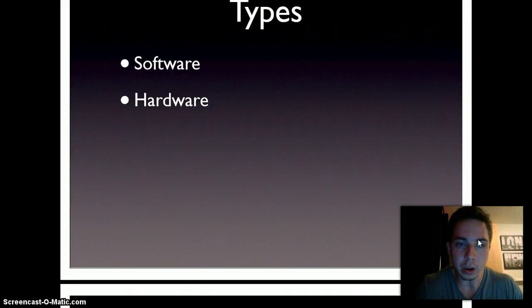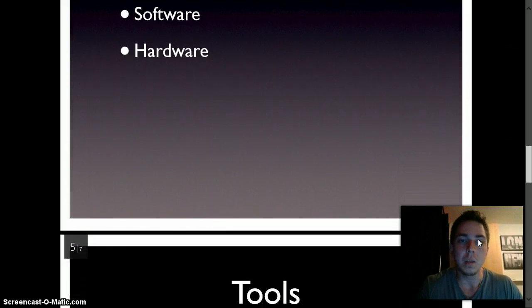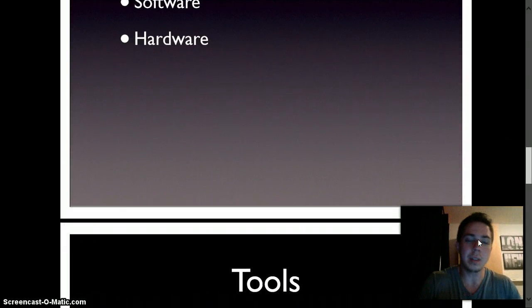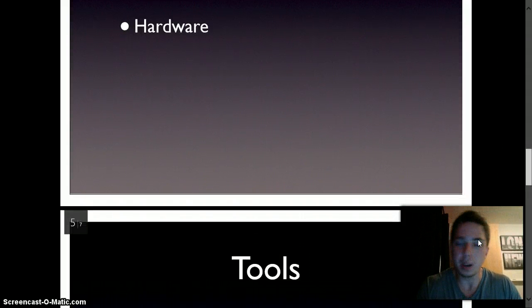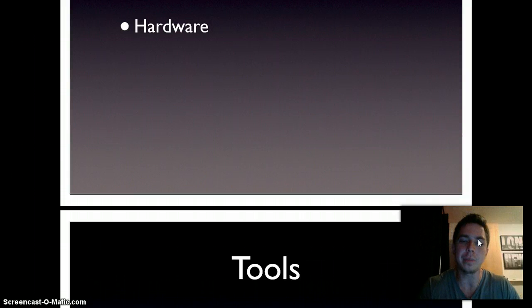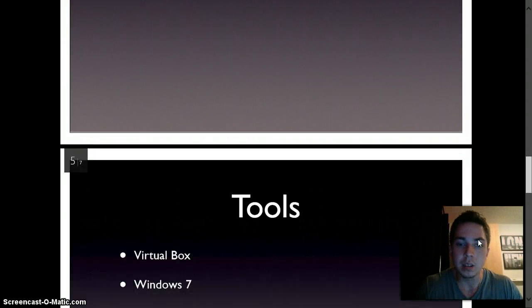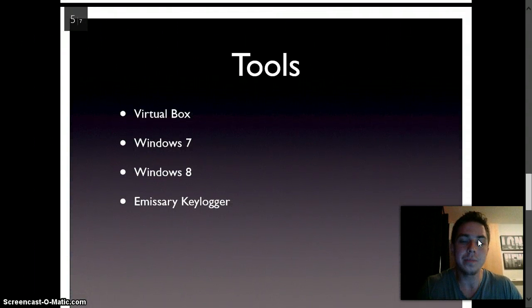The hardware type looks like a USB drive. So be careful, ladies and gentlemen. This is one of the countermeasures for being keylogged: always check the computer you're going to be sitting at, because we never know what is behind the scenes.